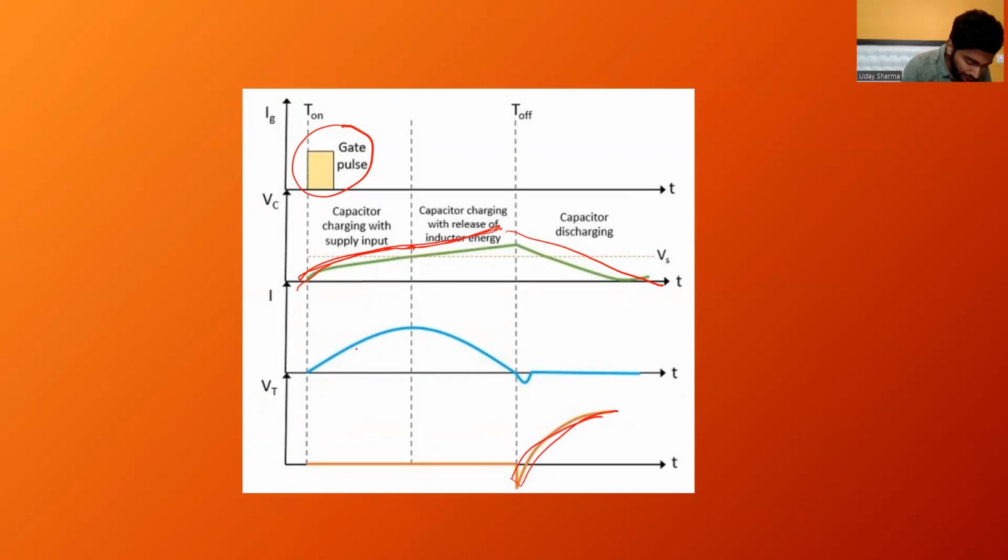And we also have the current going to zero, as this is the open circuit. We know that in an open circuit, current becomes zero and voltage becomes high. In this graph, we can clearly see that the voltage increases when the current becomes zero and the thyristor turns off.